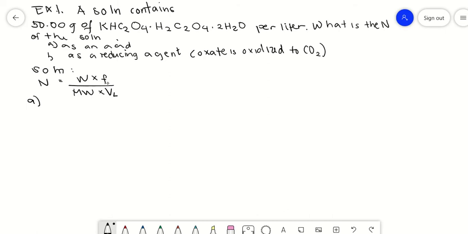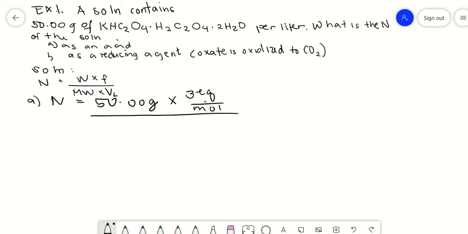So normality now would be equal to the weight, which is given, 50.00 grams. What would be the factor as an acid? 2 replaceable hydrogen ion plus 1. So the factor would be 3 equivalents per mole. What is the molecular weight of potassium tetroxalate?